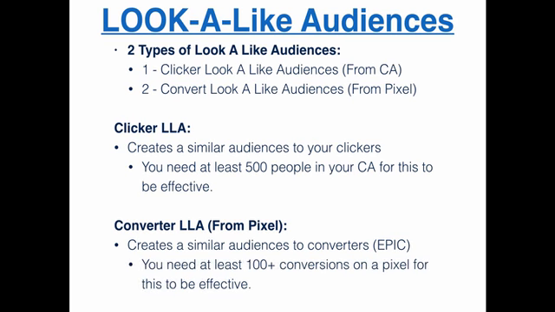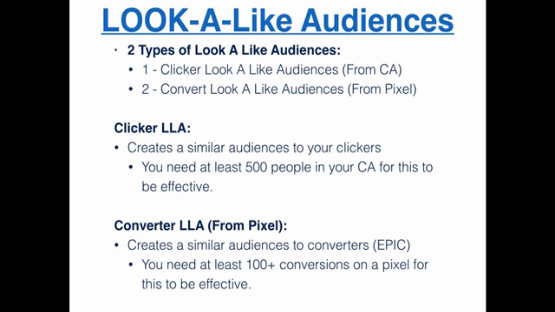Now these are epic, but you really need to have at least 100 sales or 100 conversions before you create a lookalike audience from your conversion pixel. Because once again, the more data you can give Facebook to use to find similarities in this audience, the better.